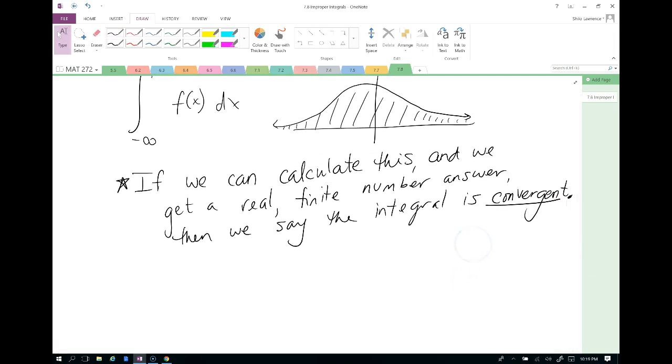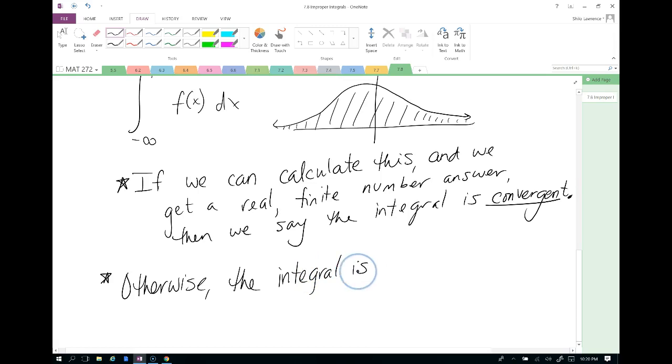If for some reason we can't do this integral, and we would not be able to do it if, when we did our antiderivative and tried to evaluate at infinity, there were still infinities in the answer, so if there was an infinite amount of area under that graph, otherwise the integral is divergent.